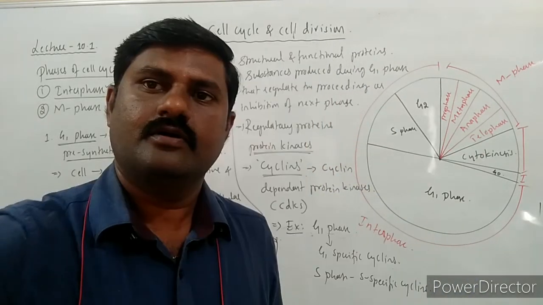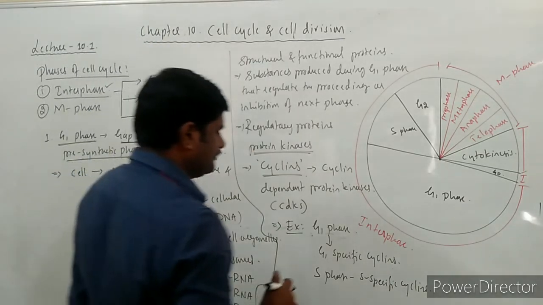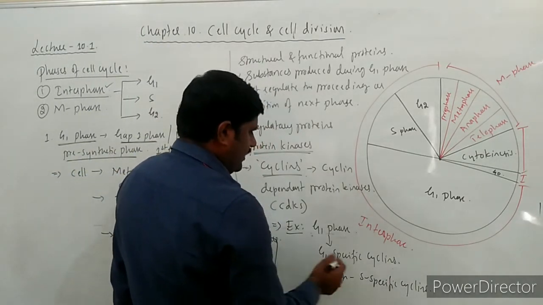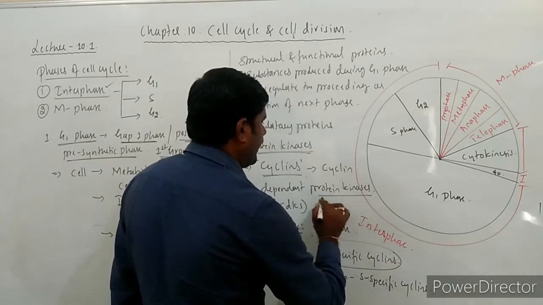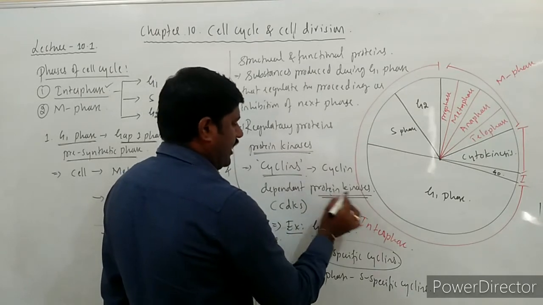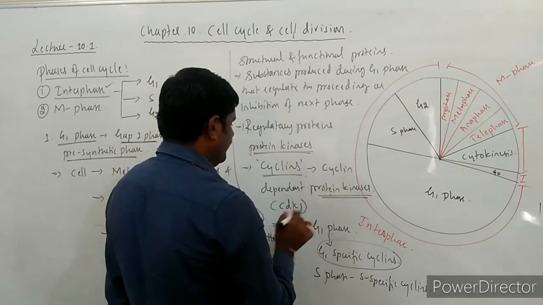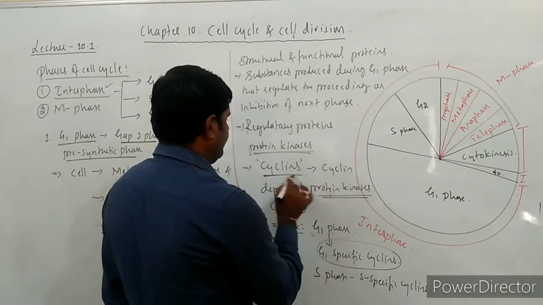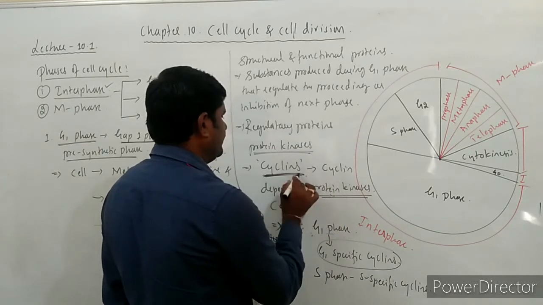Next one is very simple one. What is that? See here, G1 specific cyclins are there. Here protein kinases are produced over here, and these protein kinases, so they are depending upon what? So for their function they depend upon these cyclins.